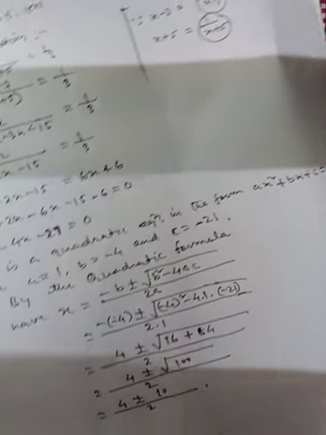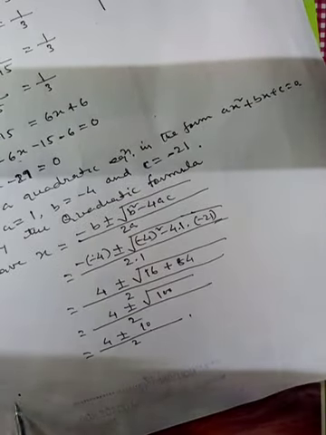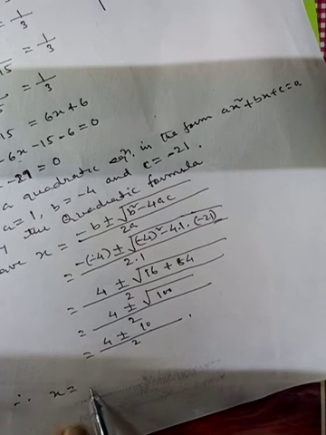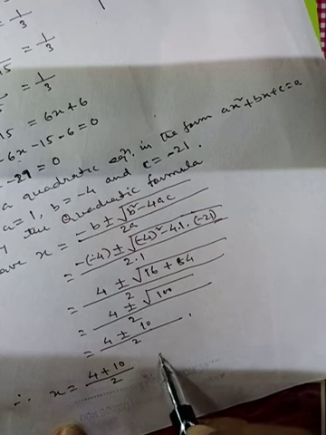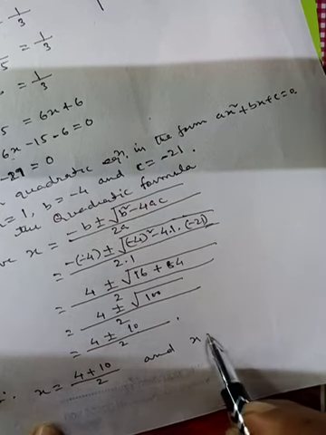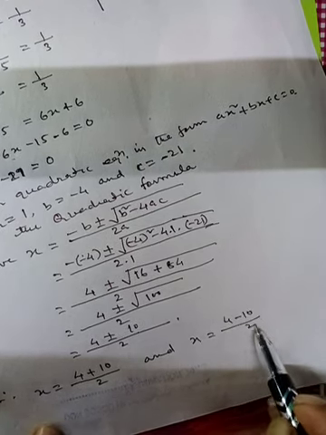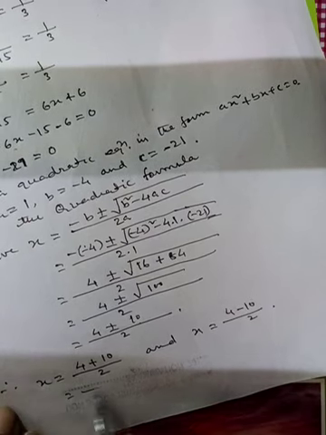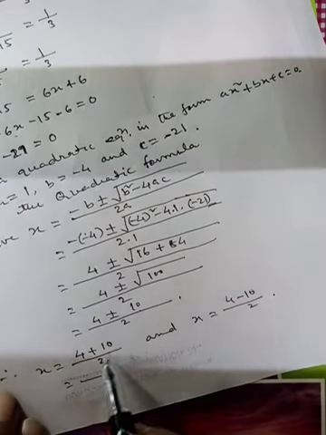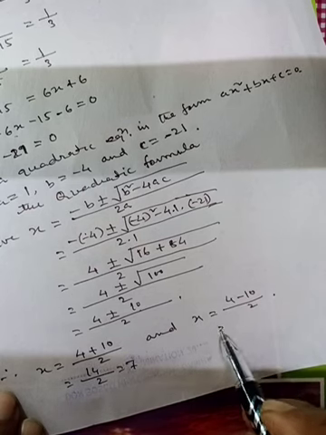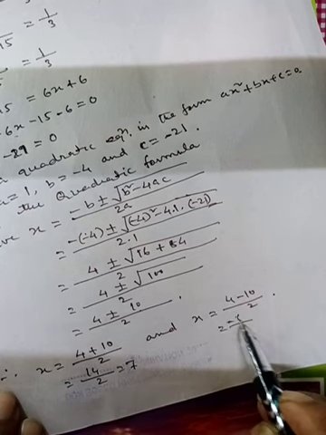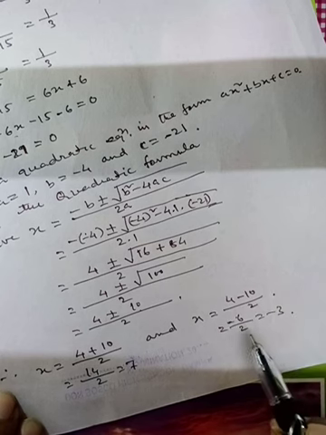Therefore x will be either 4 plus 10 by 2 or 4 minus 10 by 2. That is 14 by 2, that is 7, and again x will be minus 6 by 2, that is minus 3.